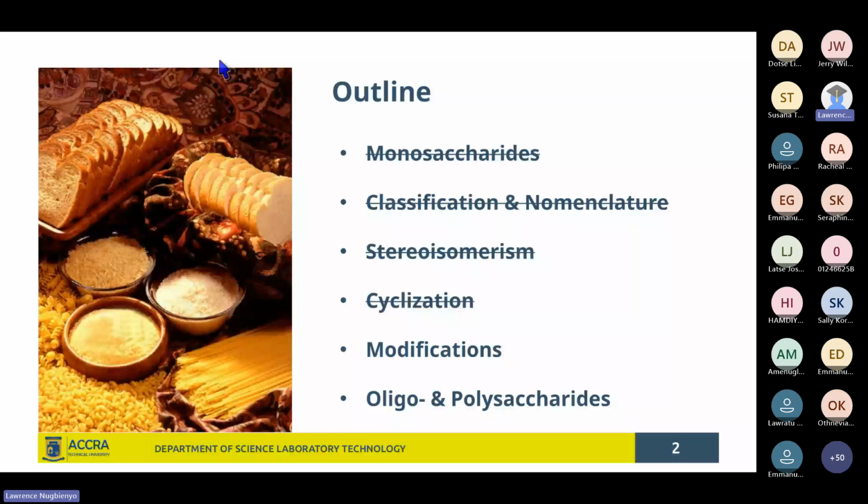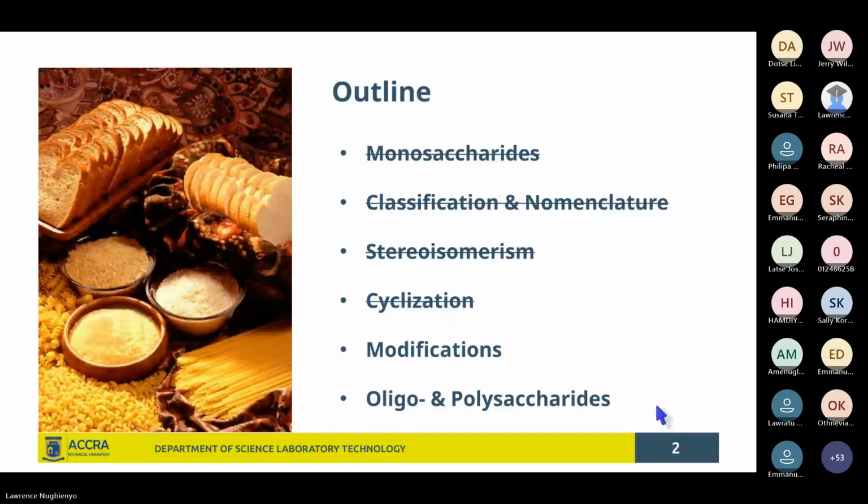We are continuing today to look at modifications of monosaccharides. So that's what we'll do today, modifications. And then when we meet next time, it will be left with the very last thing here, which will be the oligo and polysaccharides. So then we will start to form polymers.